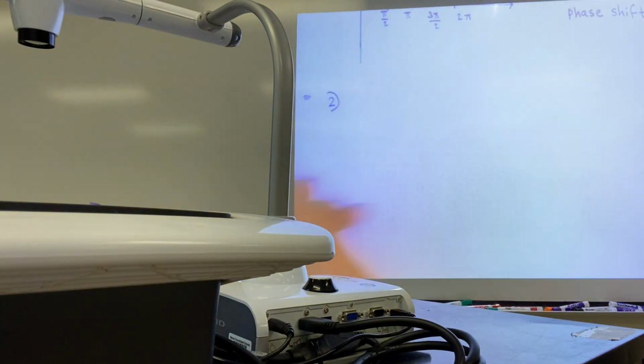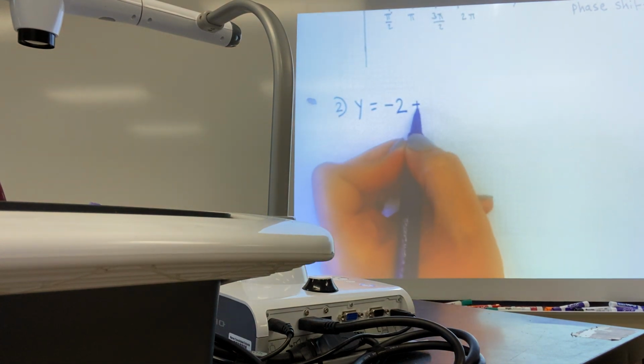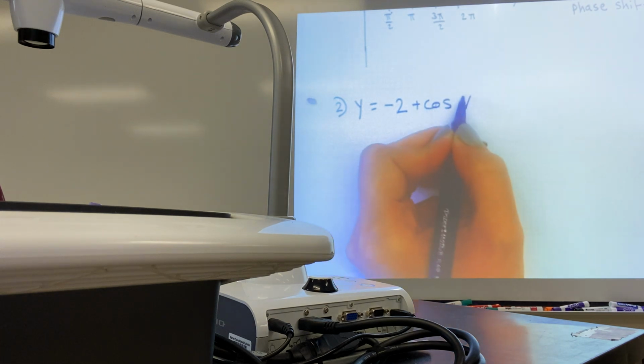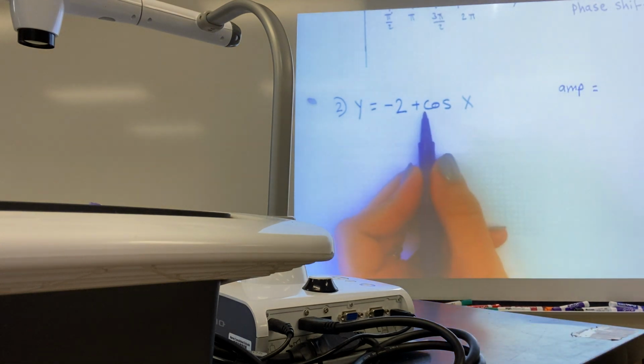Example 2. We have y equals -2 plus cosine x. Okay, amplitude is 1.